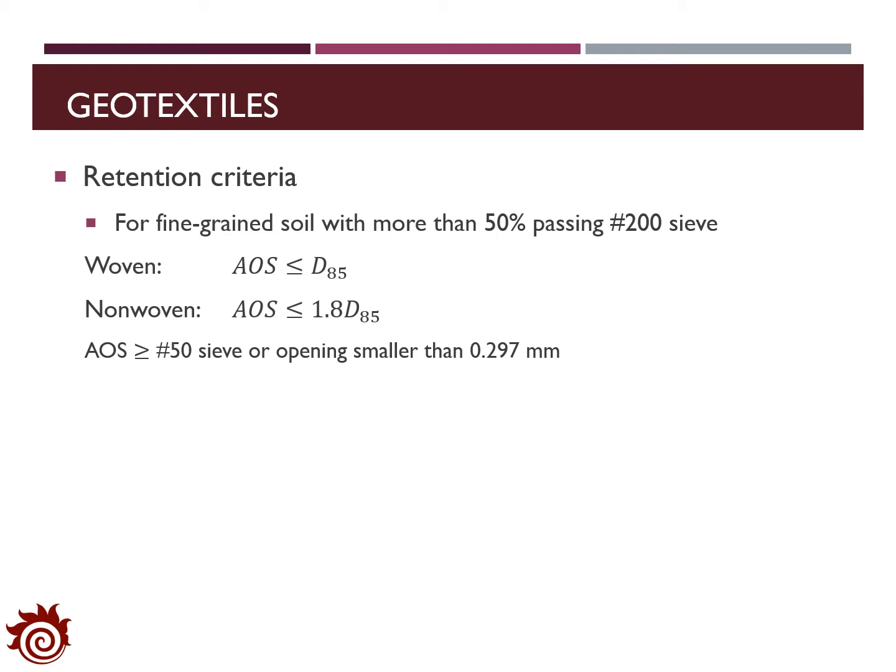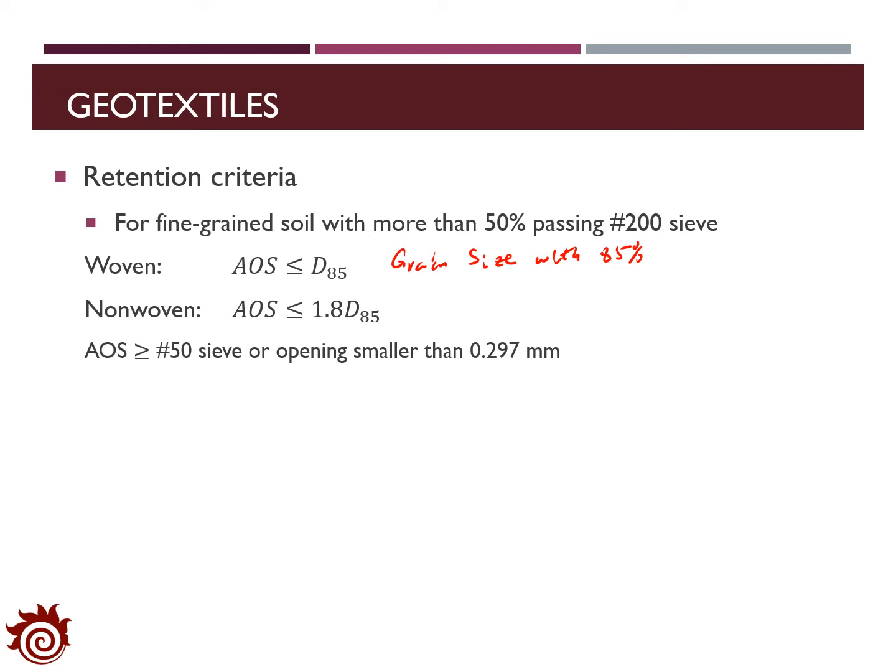In order to retain soil, the geotextile should satisfy the retention criterion. For fine-grained soil with more than 50% passing number 200 sieve, the AOS requirements for woven and non-woven geotextile are different. For woven geotextile, AOS should be less than D85. Here, D85 is the grain size with 85% passing.